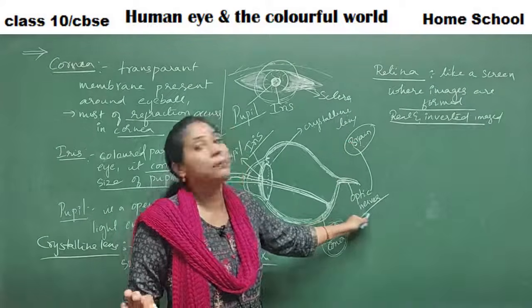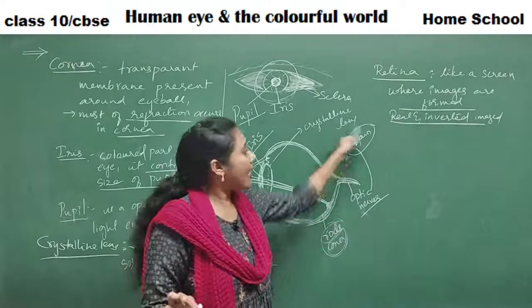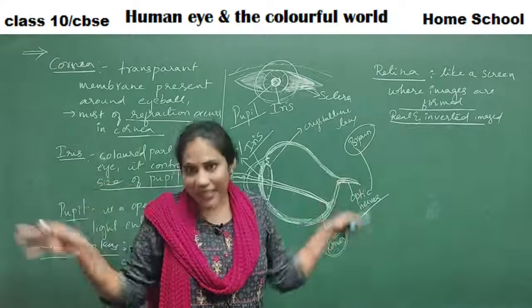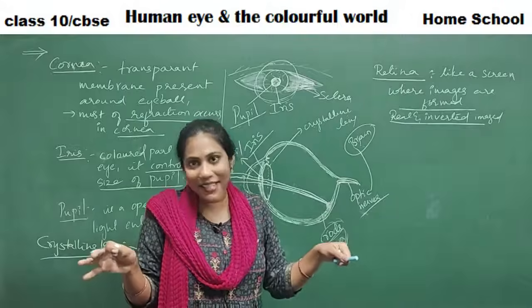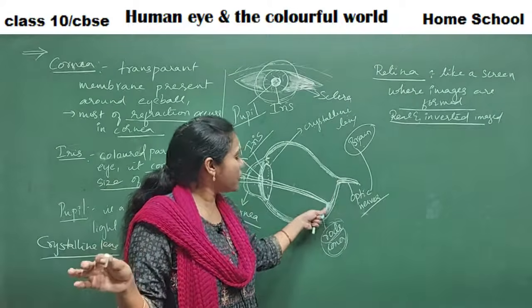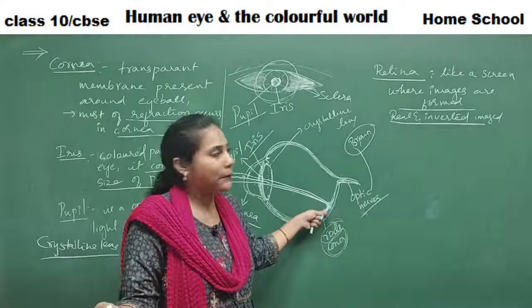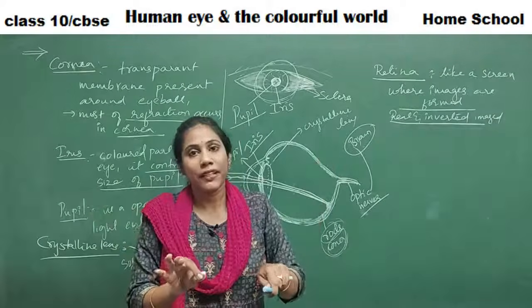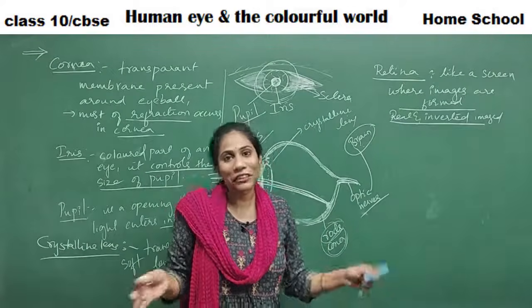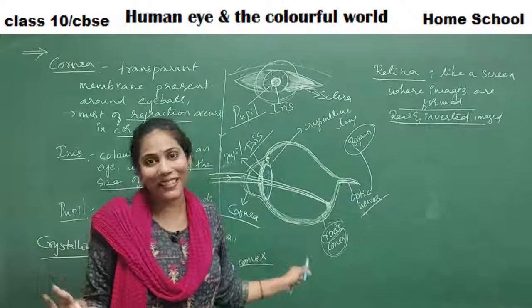Who will carry it? Optic nerves will carry it. Inside the brain, it processes the information, and whatever inverted image has formed here, it makes erect. That's the reason we can see things as they are. Got it? So this much is happening inside.